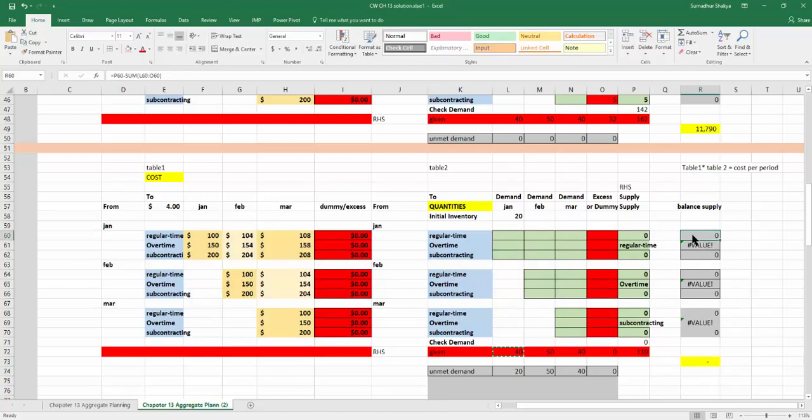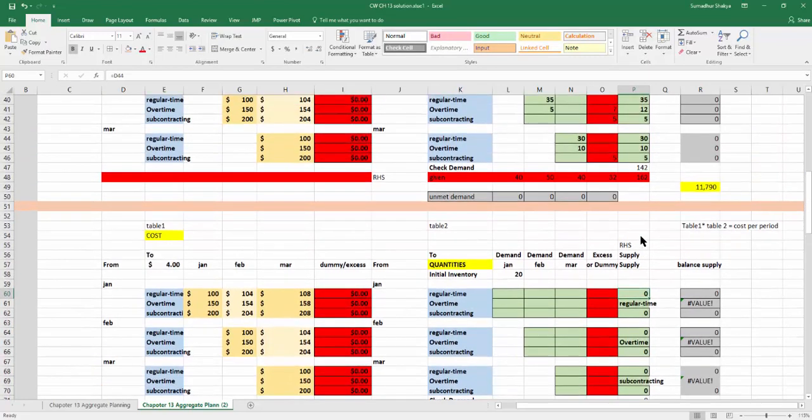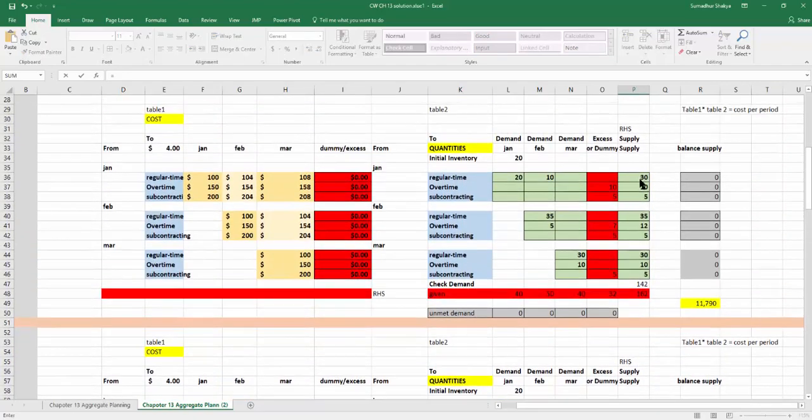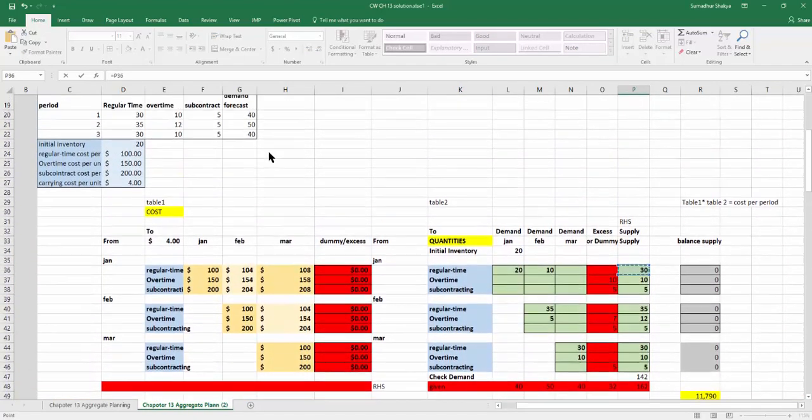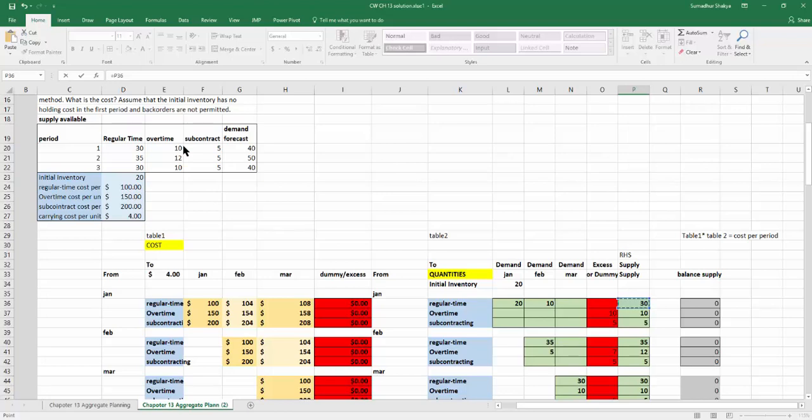Also, what is this one referring to? Okay, cool. Okay, I get it. Equals to the given numbers. We calculate these 30, 10 and 5 from here, correct? So these numbers are coming from here, 30, 10 and 5.